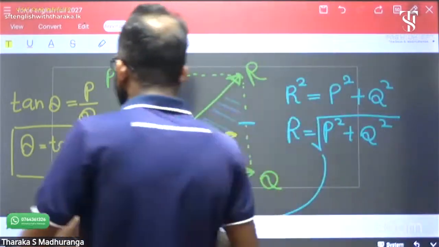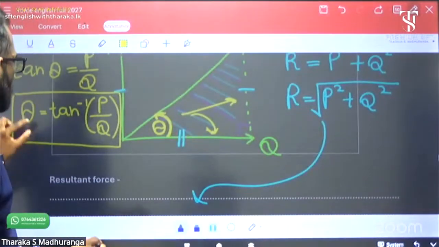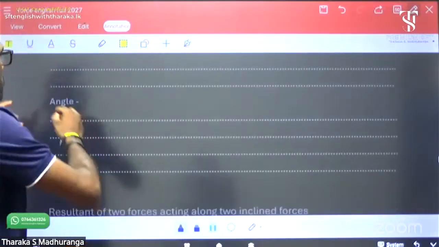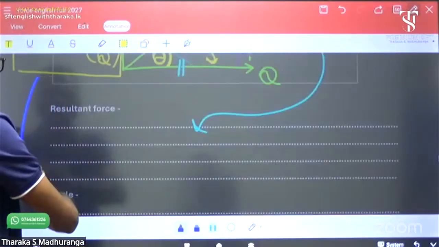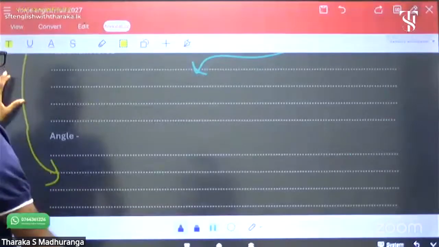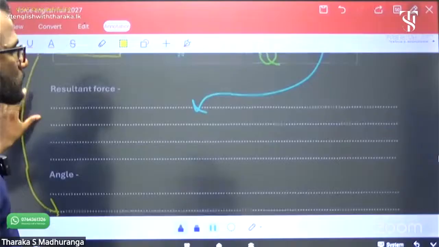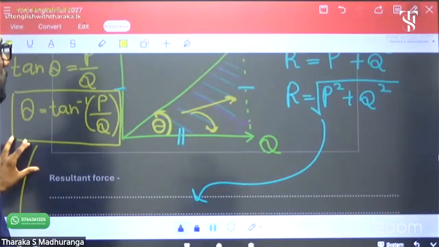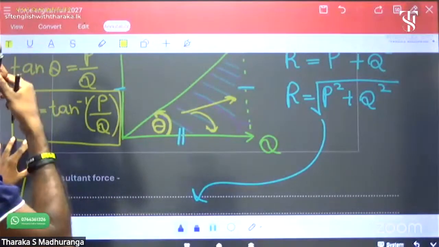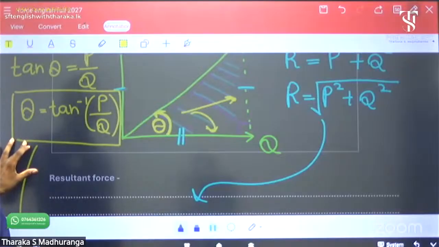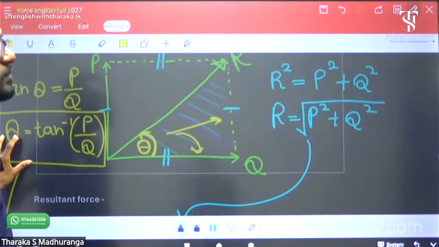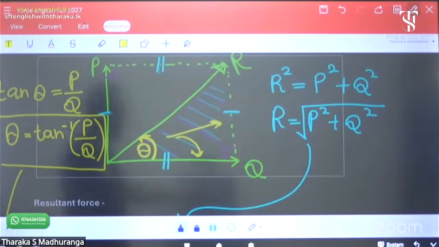Okay, quickly write down this one. In this place, write down this method here, angle calculation.